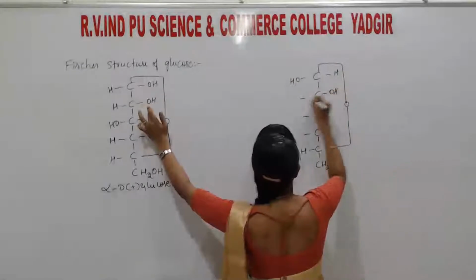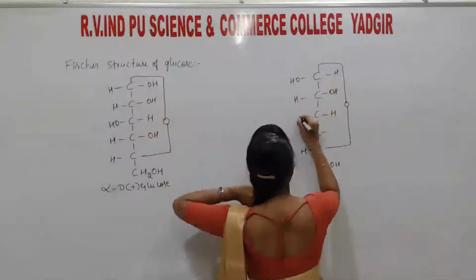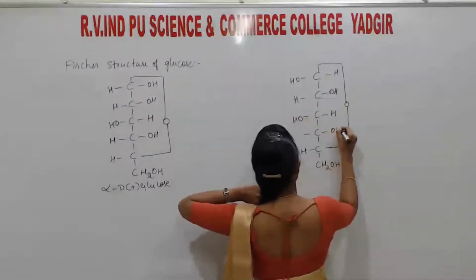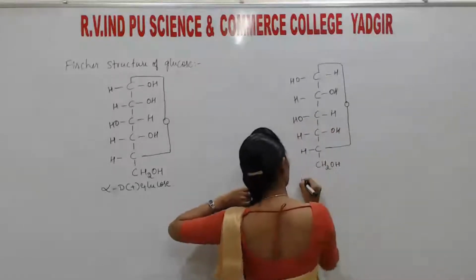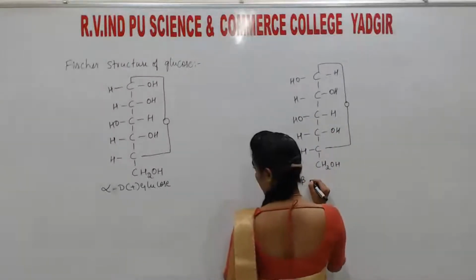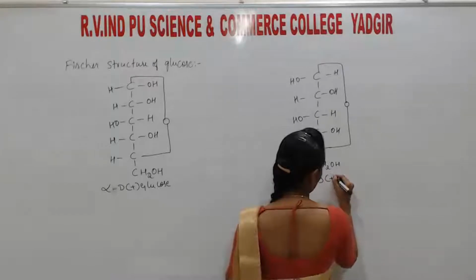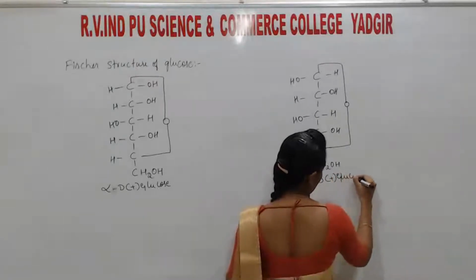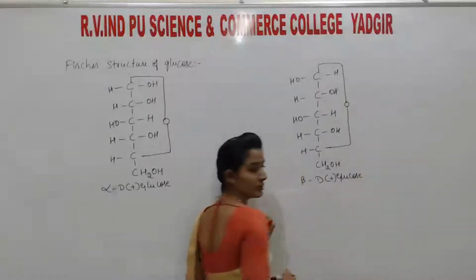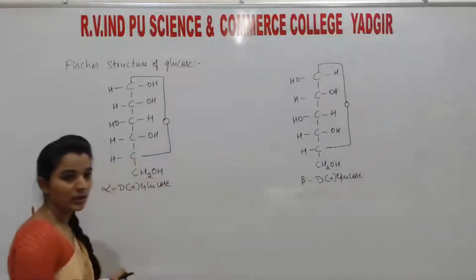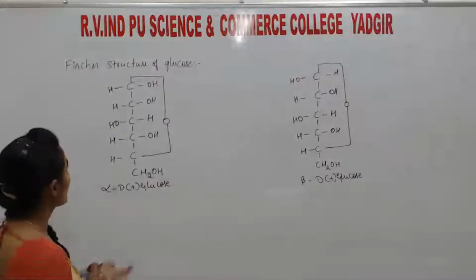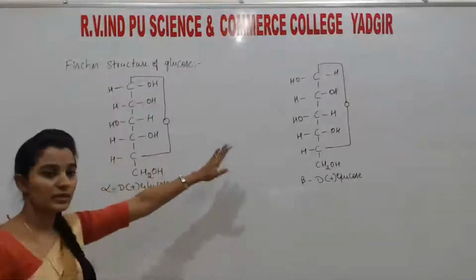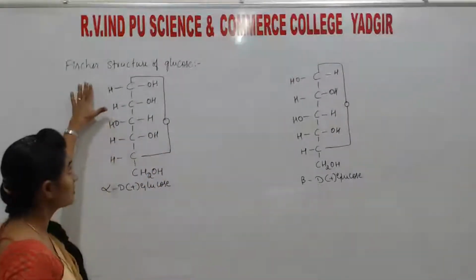This is OH, H, OH, OH, H. This is beta D plus glucose. Understood? This is alpha D plus, this is beta D plus. These two are the Fischer structures.